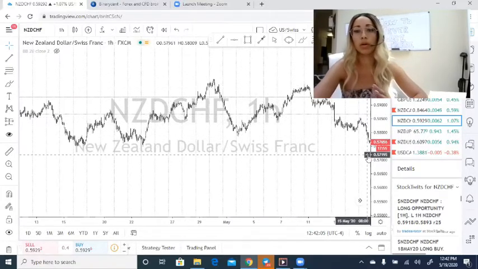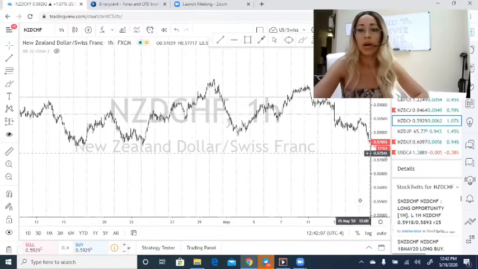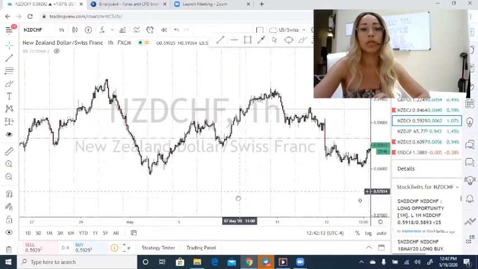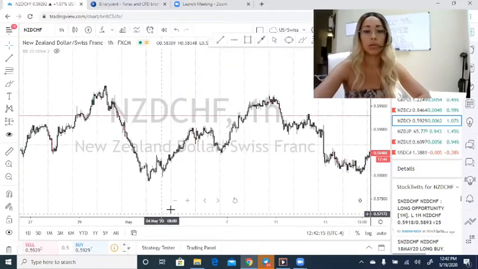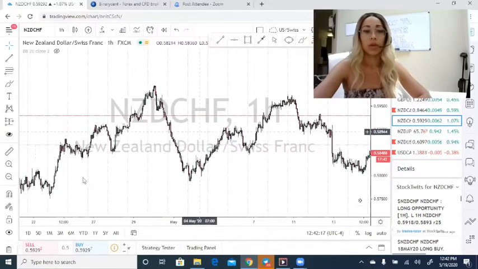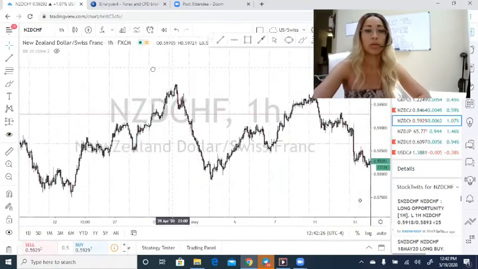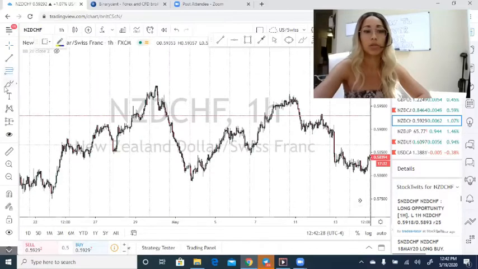When I'm talking about X, A, B, C, and D, I'm looking to measure those points and see what relationship or measurement they have towards each other. So a significant high right over here is going to be this one, because it's the highest at this point in time. So I'm going to come over to my Fibonacci tool.